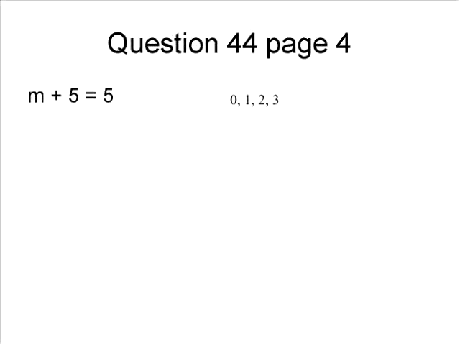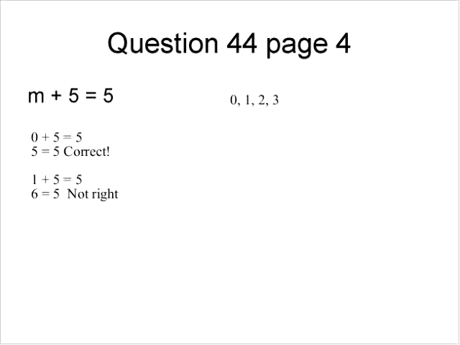We'll plug in m equals 0. 0 plus 5 equals 5, and that's correct. Now let's try 1. 1 plus 5 is 6, and 6 is not equal to 5. That is not right.